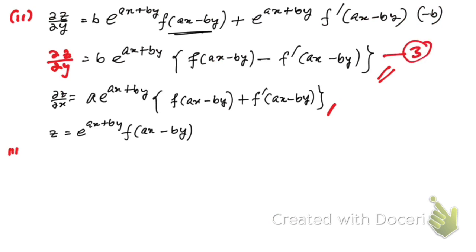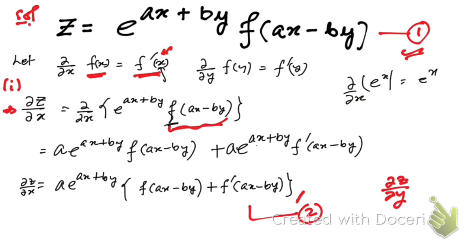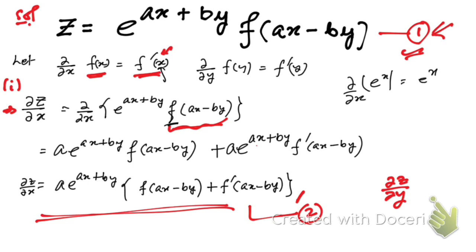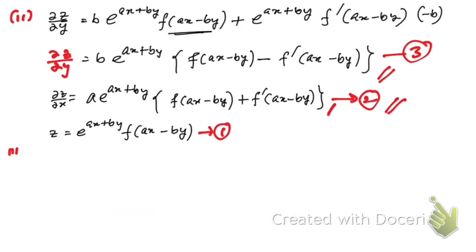So here this was equation number 1, this is equation number 2, right? You don't need to write this one again. You have already given equation number 2, but as I am using different slides, that's why I have written these equations again. So you have already mentioned 1 and 2 here, so you don't need to write again. Just mention this is equation number 3.